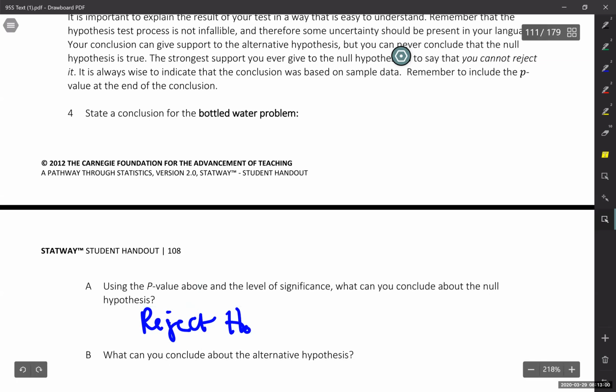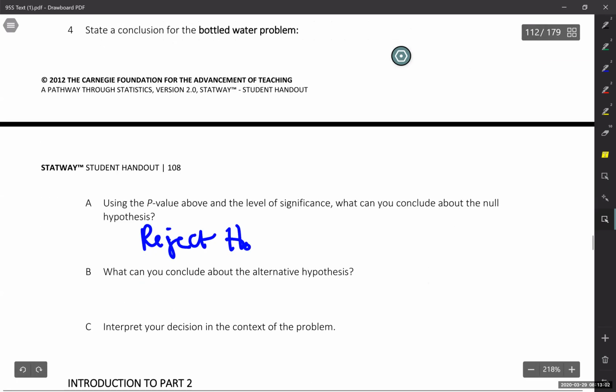Cool. Okay. We are going to reject the null hypothesis, which means we can support the alternative. We determined we can support the alternative.